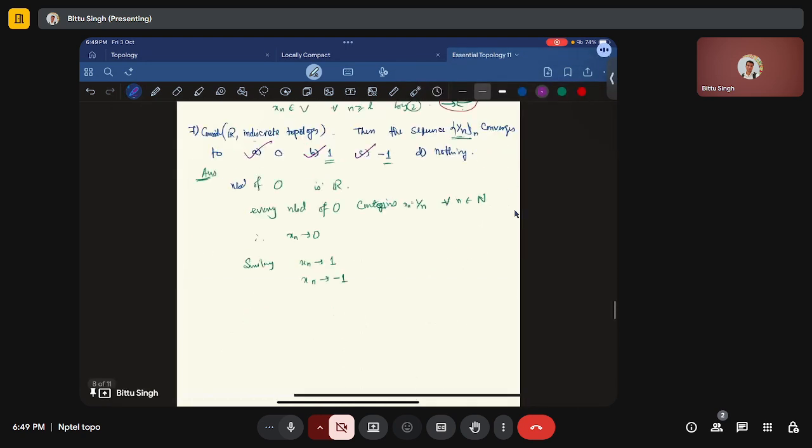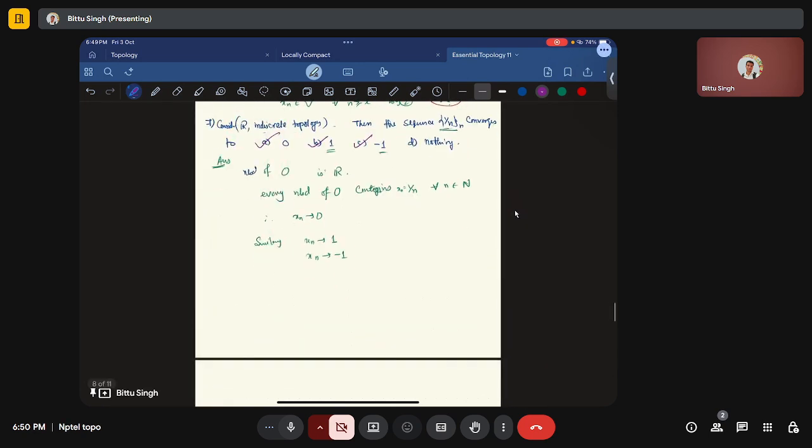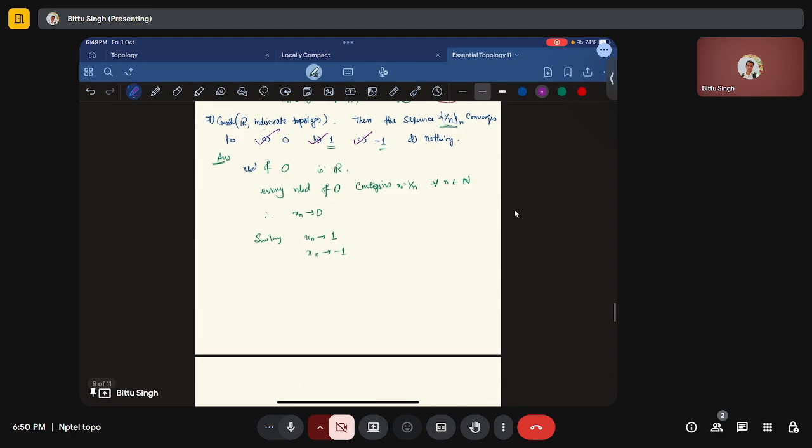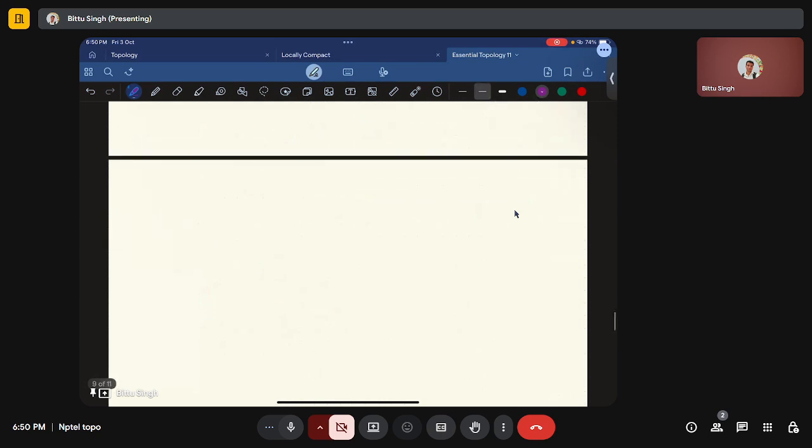So let me give a similar kind of problem. Question 7. Consider R with discrete topology.